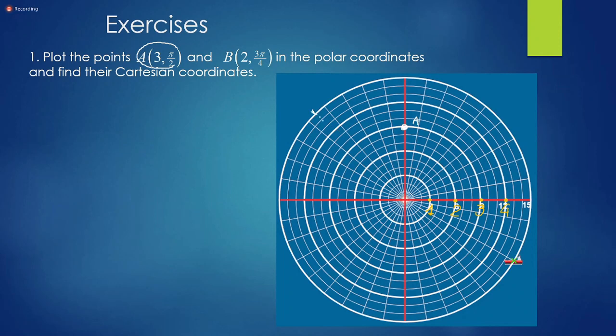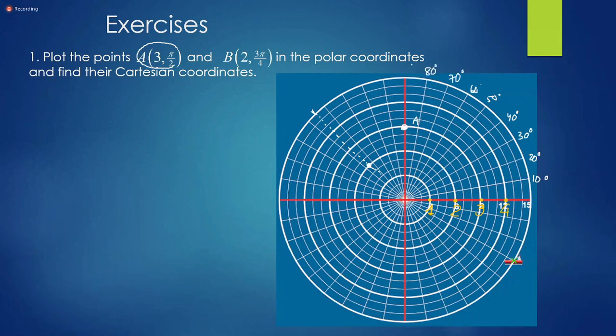So for point B, this is 10 degrees, 20 degrees, 30, 40, 50, 60, every 10 degrees, as you can see.